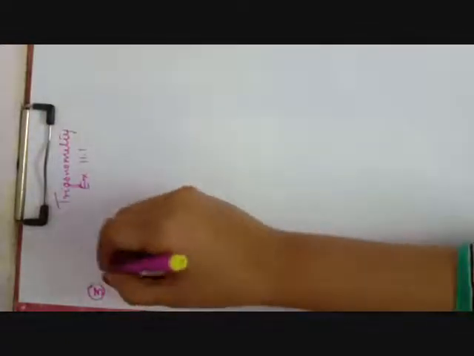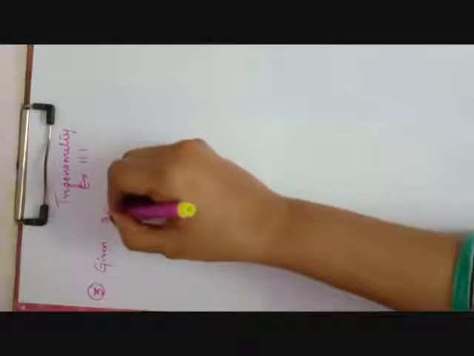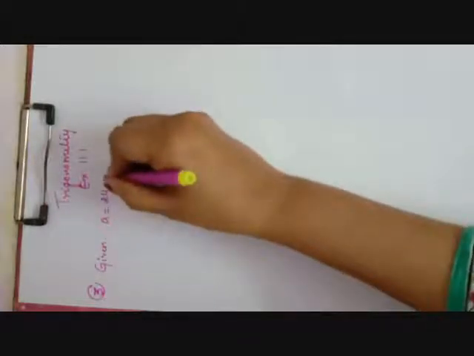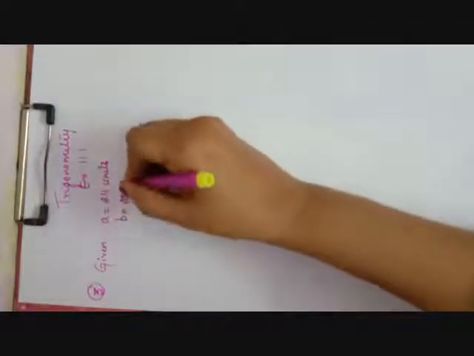I'll just read the question for you. In a right angle triangle ABC with right angle at B, in which a is equal to 24 units, b is equal to 25 units, and angle BAC is equal to theta. What is given? We'll write that first. Given: small a is equal to 24 units and small b is equal to 25 units.